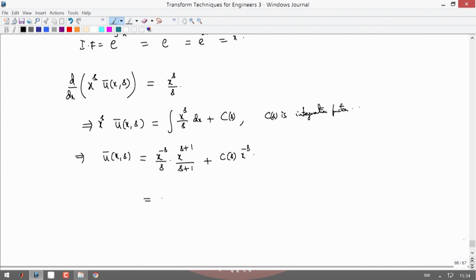So, you have ū of x, s equal to x divided by s(s+1) plus c of s times x^(-s).